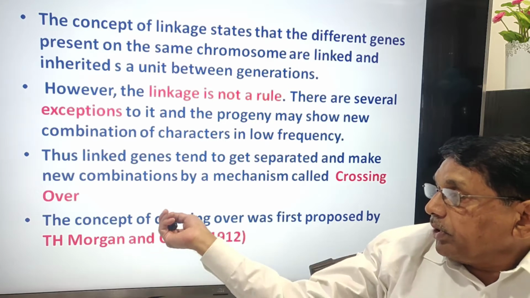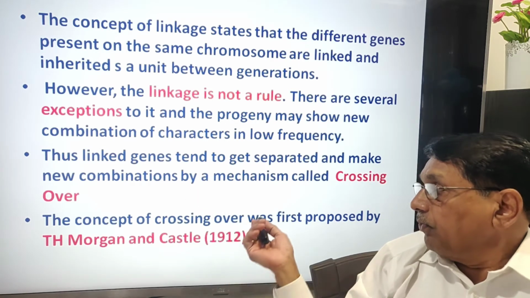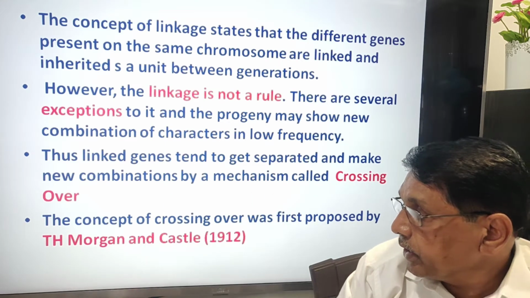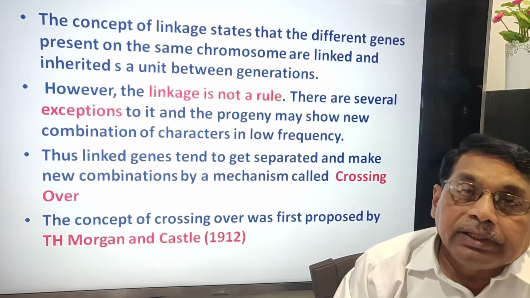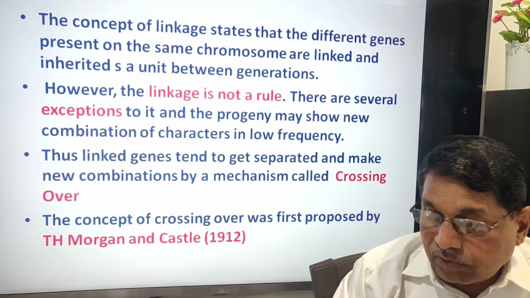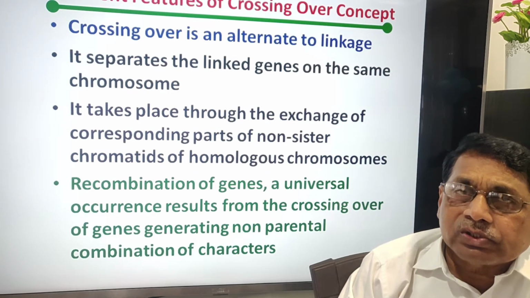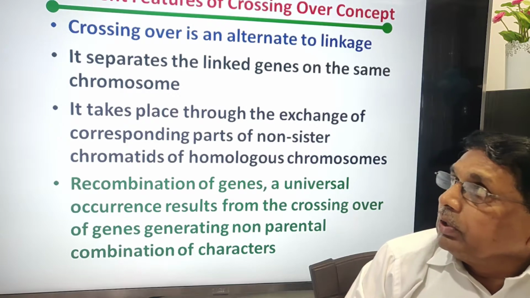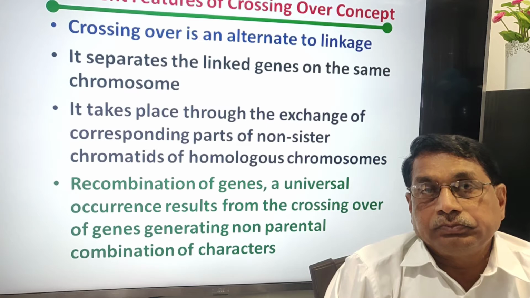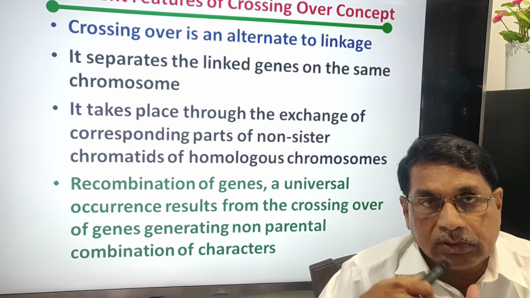The concept of crossing over was first proposed by Morgan and his student Castle in 1912. T.H. Morgan while working on Drosophila. What are the salient features of the crossing over? Crossing over is an alternative to linkage. If there is no linkage, there will be crossing over.